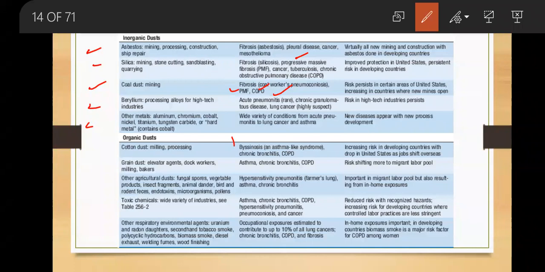Beryllium can cause acute pneumonitis, along with lung cancer, which is highly suspected, and others can cause acute pneumonitis, lung cancer and asthma.